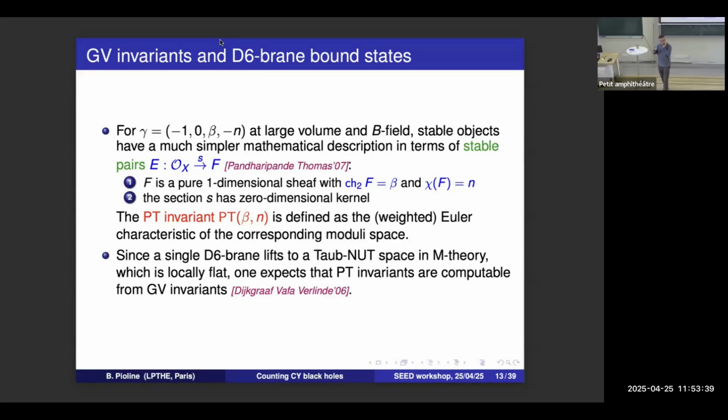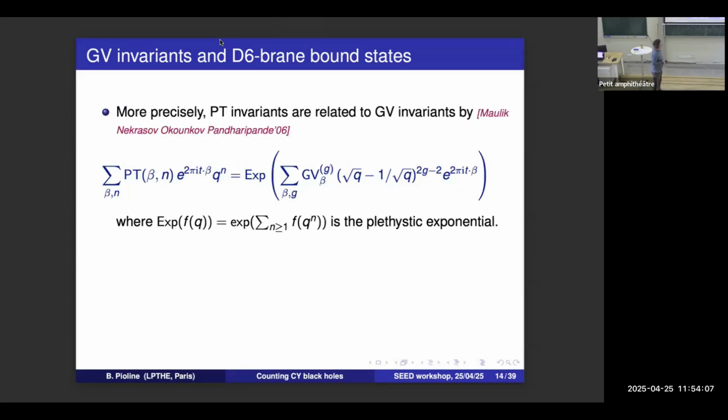So in that case, the moduli spaces are much better behaved than in any other example, including Gromov-Witten theory. And so you define this PT invariant. So again, this depends on the D2 and D0 brane charge. You can always remove the D4 brane charge by some kind of tensoring with a flat line bundle. And so this is again a particular version of this Donaldson-Thomas invariant.